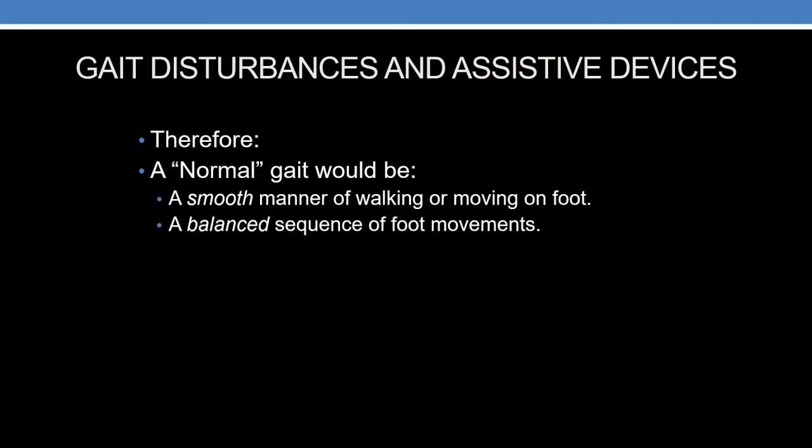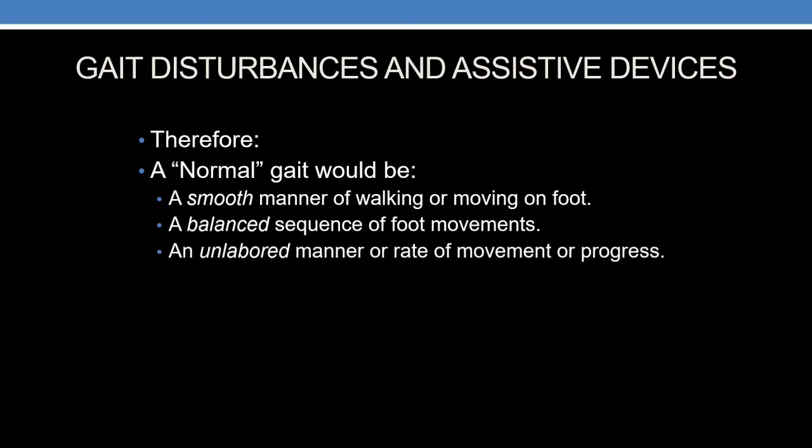A normal gait is a balanced sequence of foot movements. Sometimes you'll see people walk and their sequence is unbalanced. A normal gait is an unlabored manner or an unlabored rate of movement or progress.